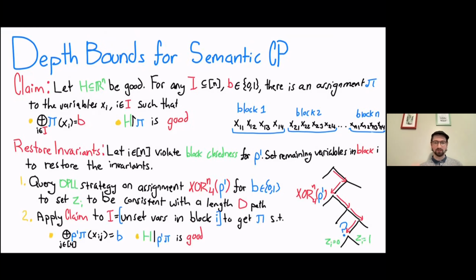So H under this restriction is still falsified by the half assignment. Okay, so that's basically what you do in the proof of the depth lower bound.